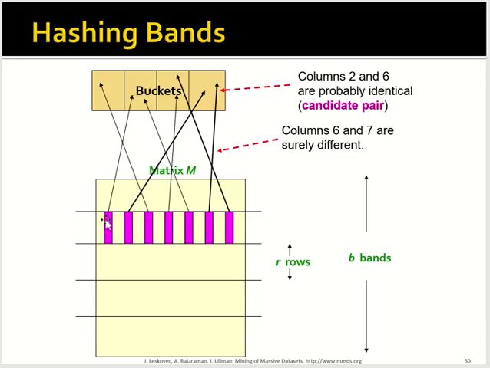The same situation happens with column 1 and column 5. They are put into the same bucket because of the potential identity. But columns 6 and 7 are surely different, so they are put into different buckets in the similarity evaluations.